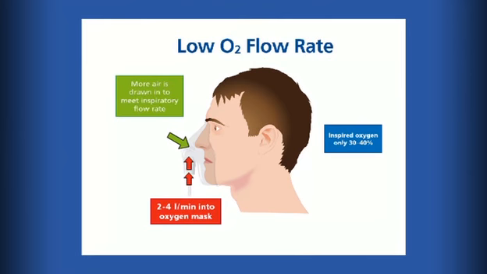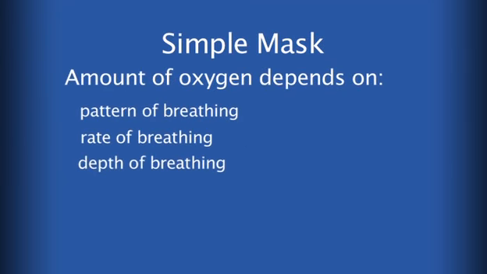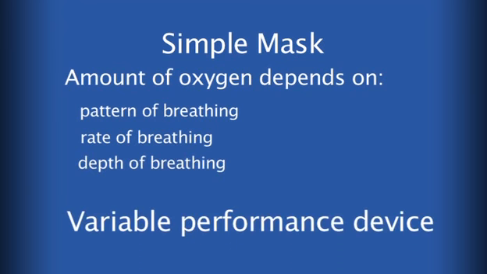Exactly how much room air mixes with the oxygen is dependent on the individual patient's pattern, rate and depth of breathing, and so we say that all these devices have a variable performance, and all of the estimates of inspired oxygen given throughout this section are only approximate.